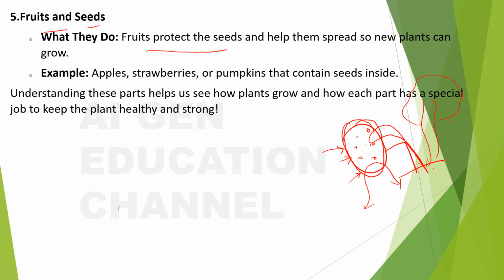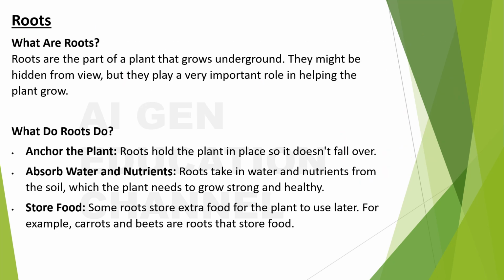So the function of fruit is to protect the seeds. What are the examples? Apples, strawberries, pumpkins that contain seeds inside. Understanding these parts helps us see how plants grow and how each part has a special job to keep the plant healthy and strong.